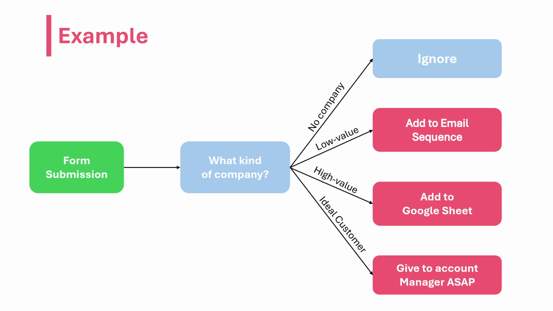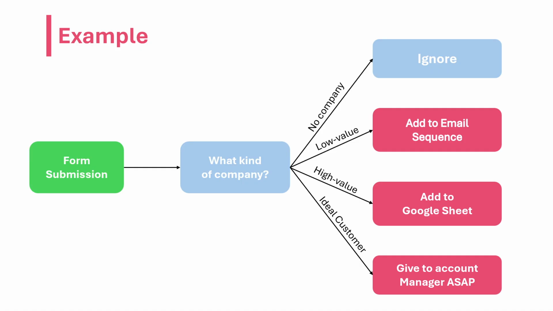If it has a very low value, then add to email sequence. If it has high value, then add to Google Sheet. And if it is a very ideal customer, or we can say a premium customer, then give it to the account manager as soon as possible.